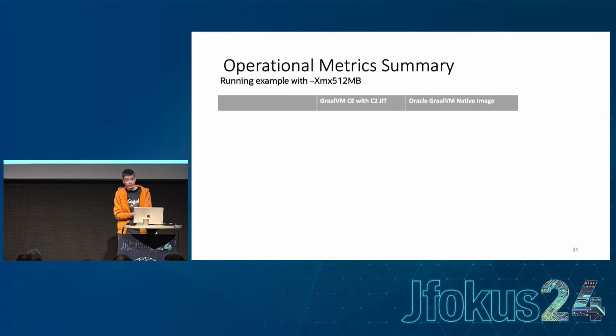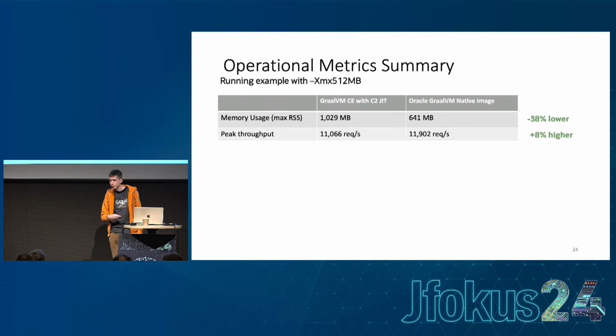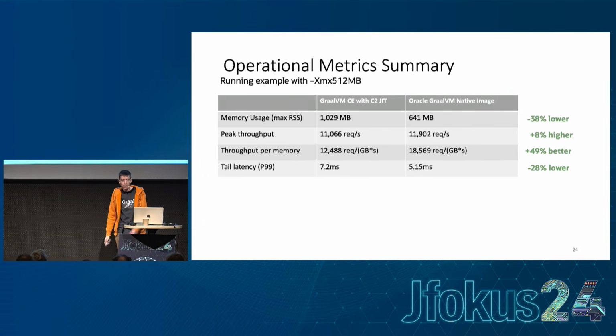So to summarize on the operational metrics: native image on this application, configured with 512 megabytes of heap, takes 40%, or almost half, of the memory. The throughput is slightly higher, so you have no throughput cost whatsoever. The throughput per memory, the multiplication of these metrics, is 50% better.